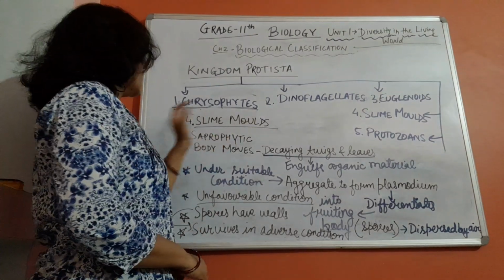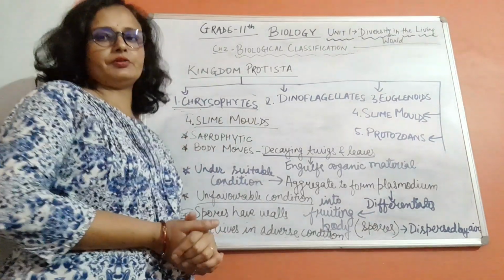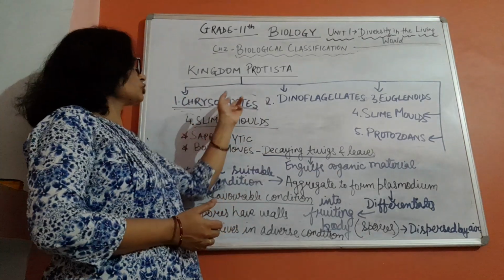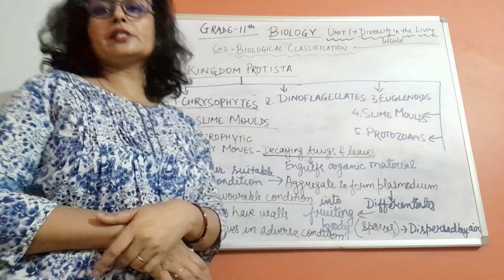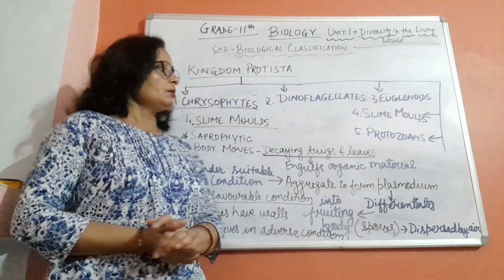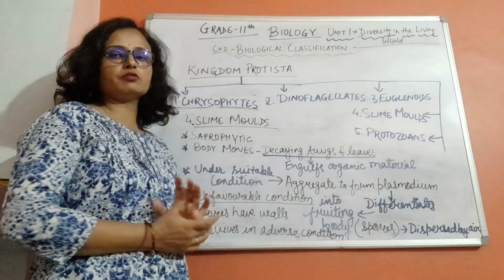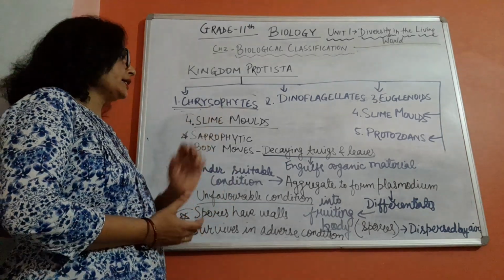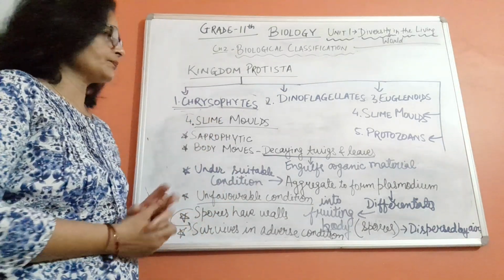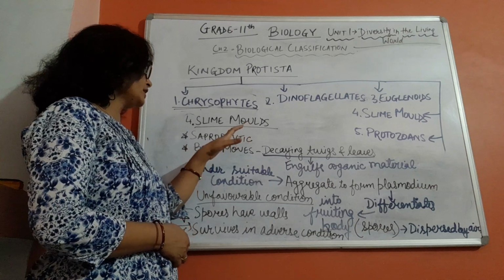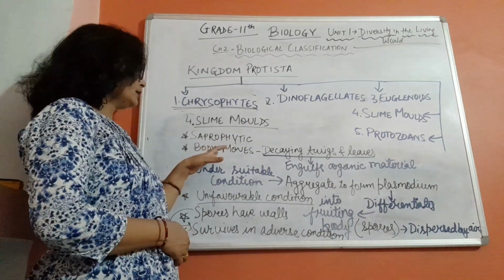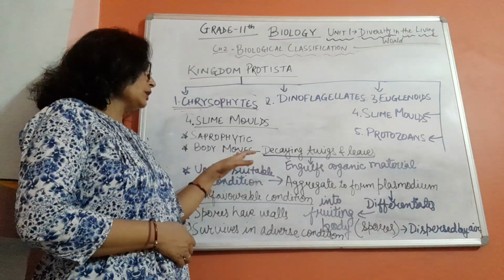Next is slime molds. Slime molds are basically saprophytic. So far we studied chrysophytes, dinoflagellates and euglenoids. These were photosynthetic. But slime molds are the first which are saprophytic. These are not photosynthetic. They are quite similar to fungi, which are saprophytes and feed on dead and decayed matter. The body moves.